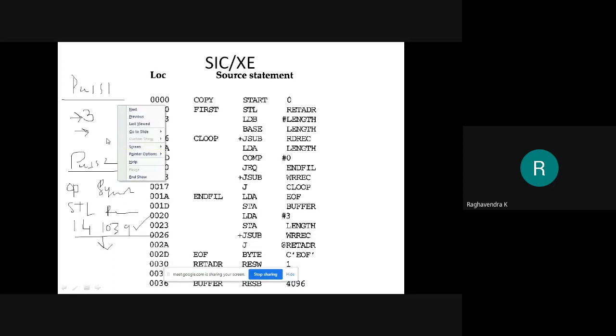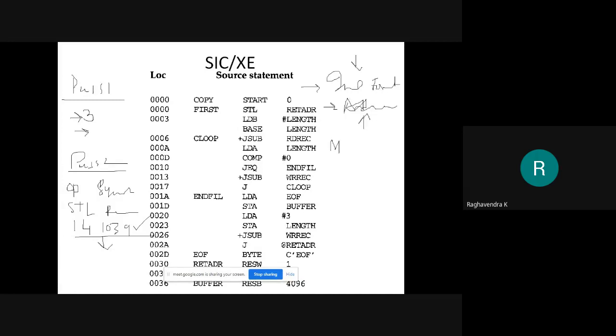Now why? Because we have different types of instruction formats, right? That is one of the reasons. And the second reason is that it supports different types of addressing modes. All these things need to be considered when we are assembling the program for SIC/XE. Because these features are exclusively present in SIC/XE, we call these machine dependent features of the assembler.